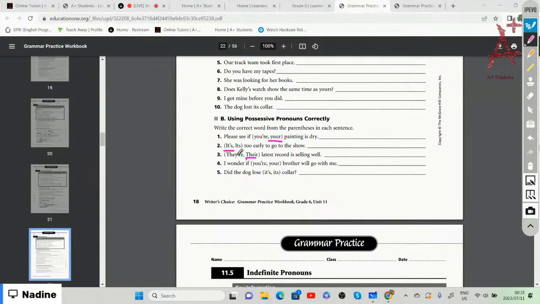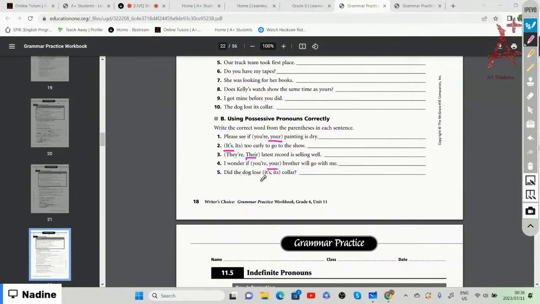Number 4: I wonder if you're or your brother will go with me. The first one basically means you are, and the second option is your, directly. We will go with the second option: your brother will go with me.